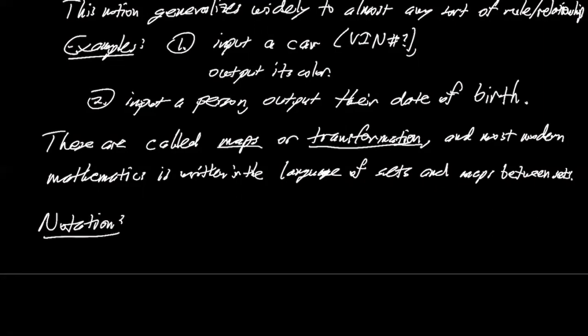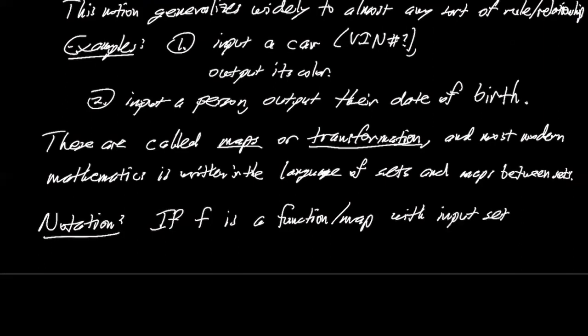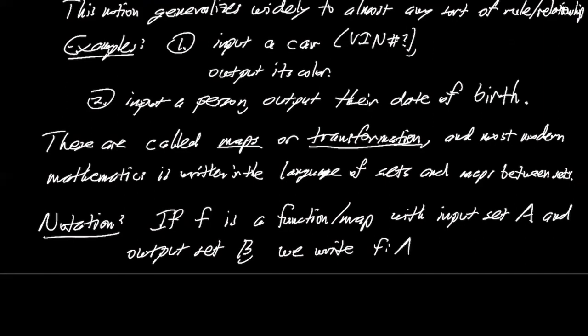So if f is a function slash map, I'm just going to use these words kind of interchangeably, with input set A and output set B, we write, the typical thing we write is something like this: f: A → B, or maybe f colon A arrow B, or maybe we just write the f on top of the arrow.